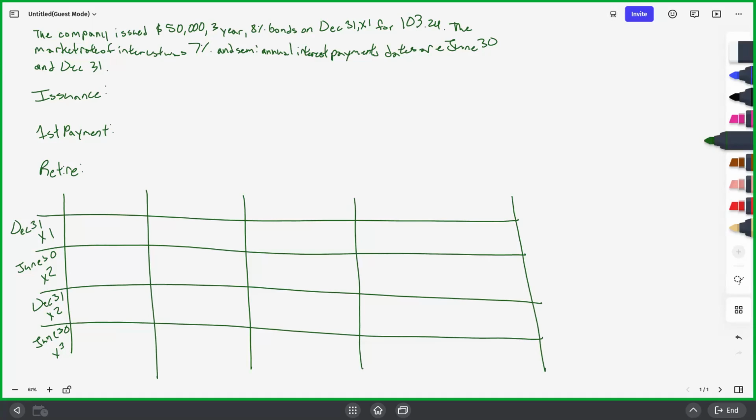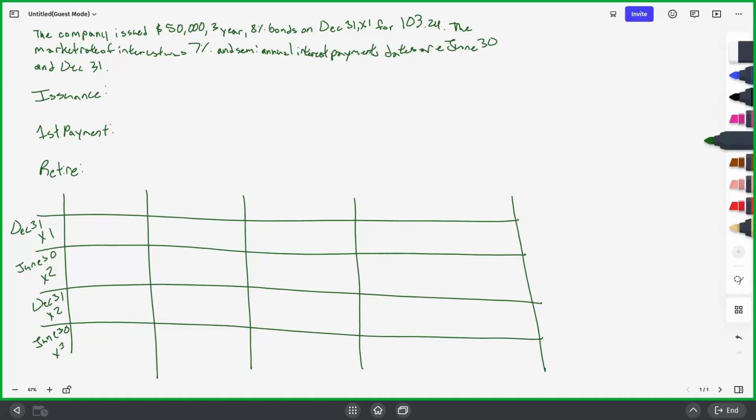We're just running it for the best of this. So we're gonna make one based off the carrying value, one based off the par value. So the carrying value, what have we been using this for?